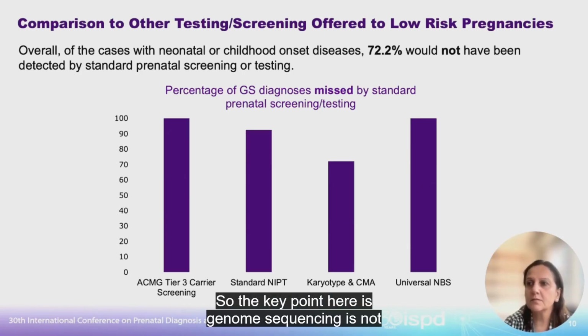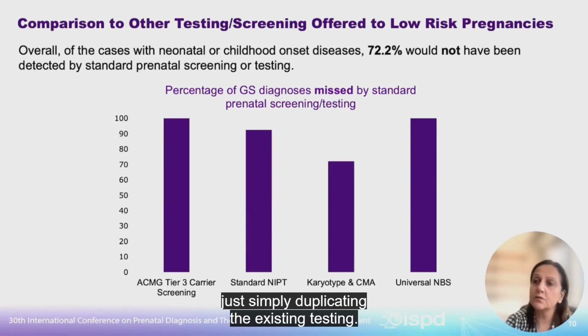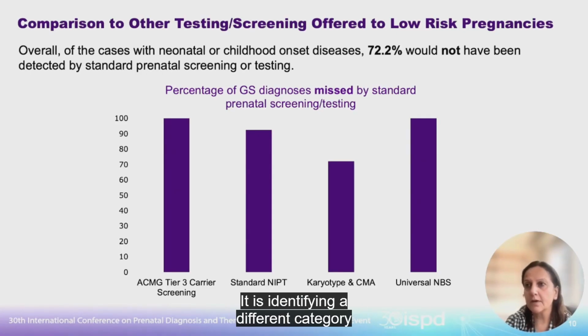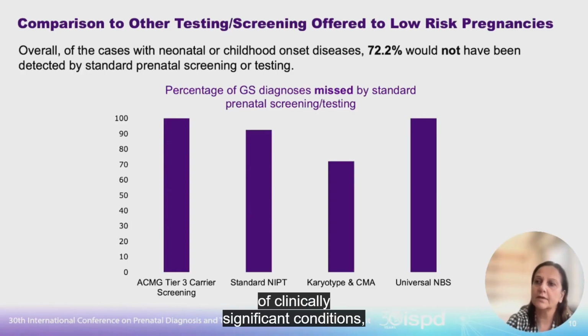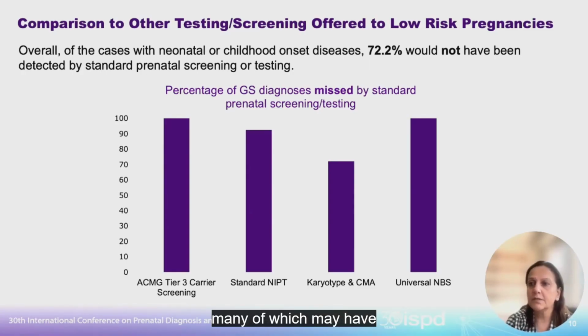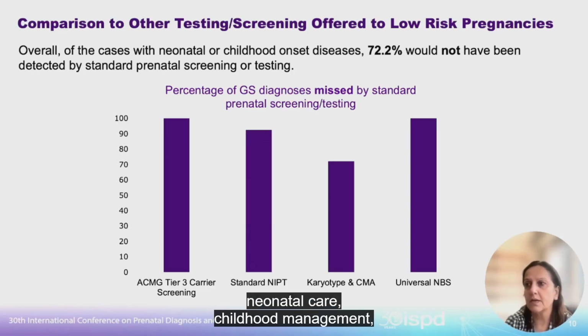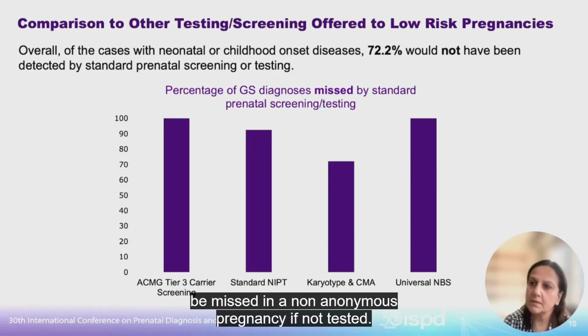So the key point here is genome sequencing is not simply duplicating the existing testing, it is identifying a different category of clinically significant conditions, many of which will affect neonatal care, childhood management, or surveillance, but they would otherwise be missed in a non-anomalous pregnancy if not tested.